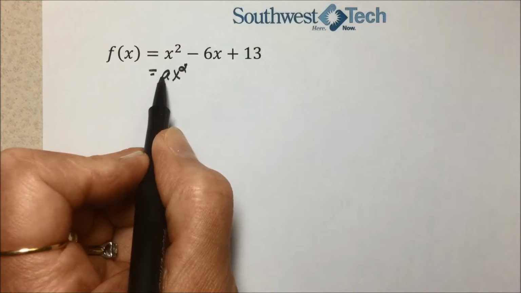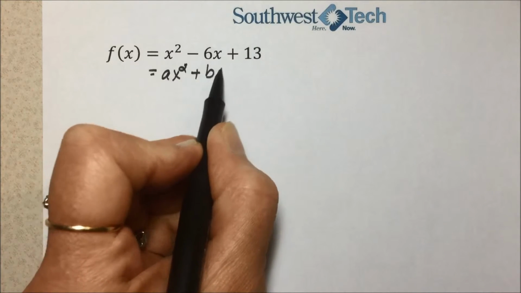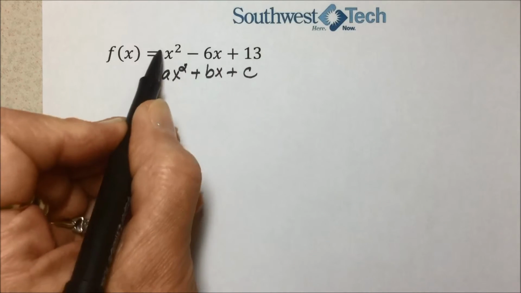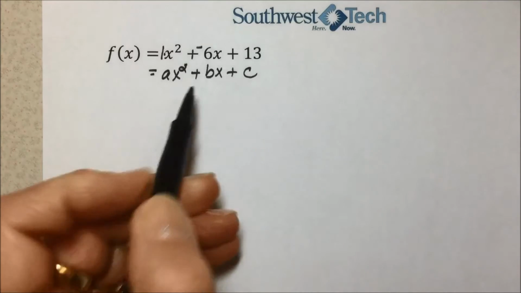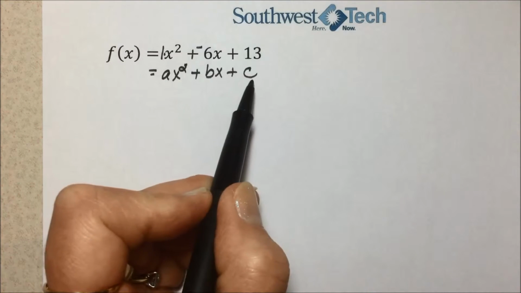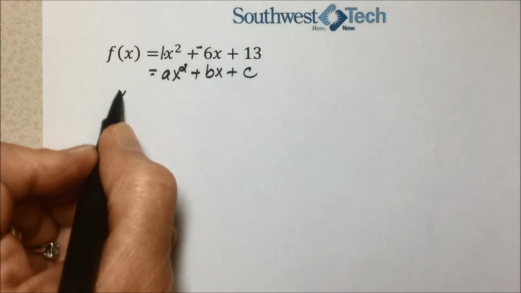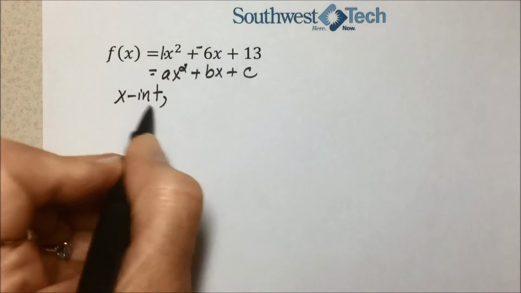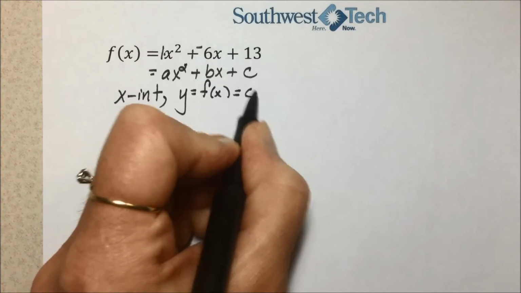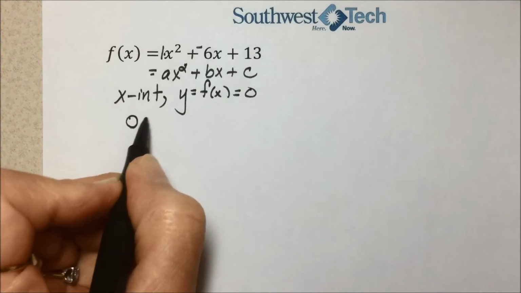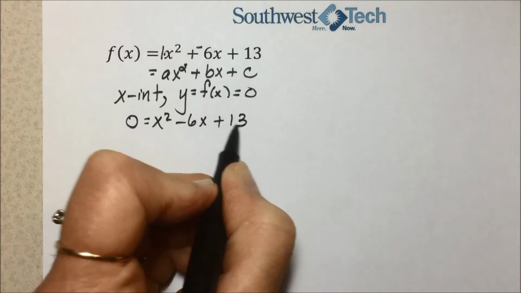So we compare it to the standard form of ax squared plus bx plus c, where a will be 1, b will be a negative 6 using the rule of subtraction, and c will equal 13. To find the x-intercept, we will let y, which is our function notation here, equal 0. So we have 0 is equal to x squared minus 6x plus 13.